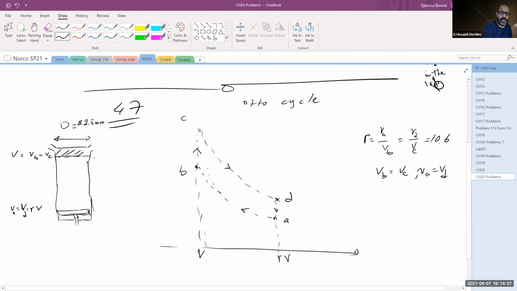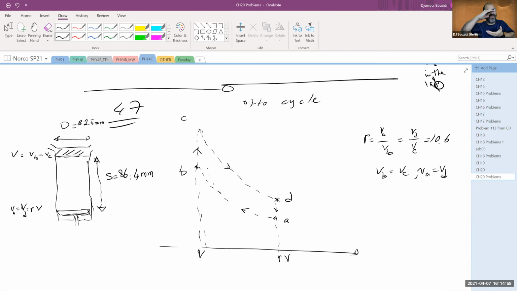So the stroke is this distance. That is S is equal to 86.4 millimeter. So it's not the entire chamber itself. It's not the entire cylinder, but how far the piston goes up and down, that's all.